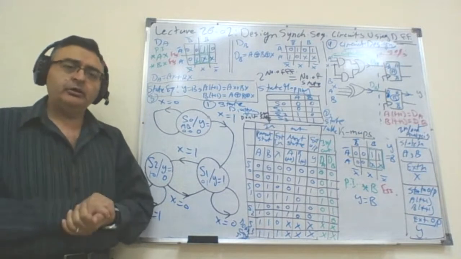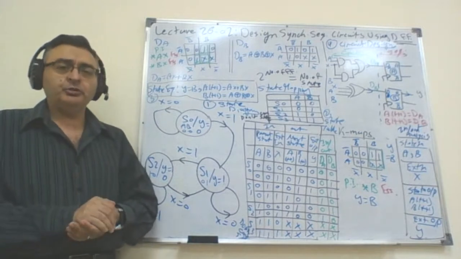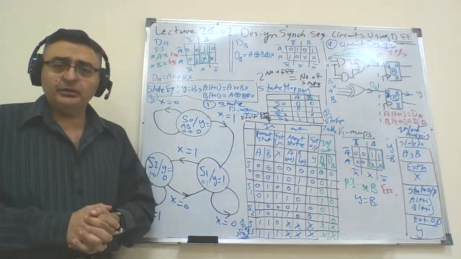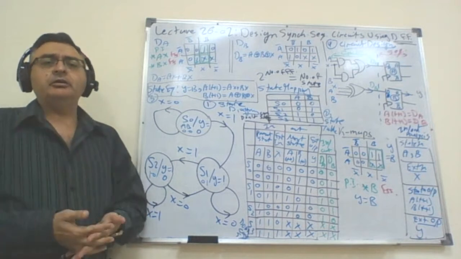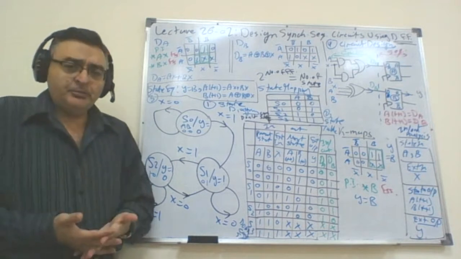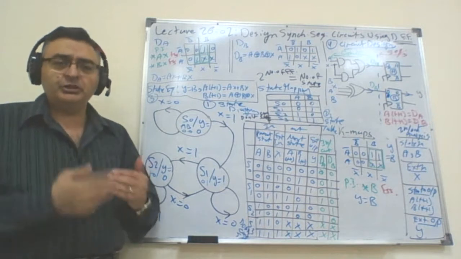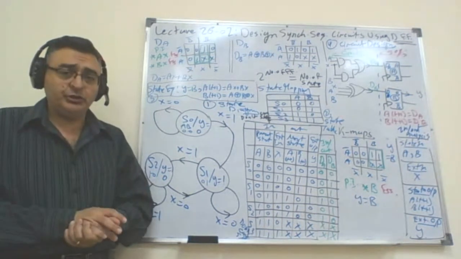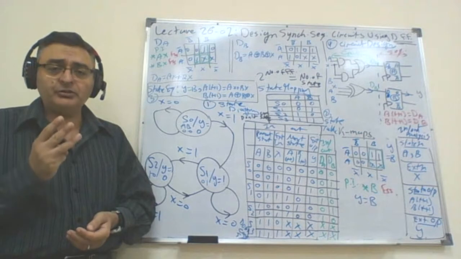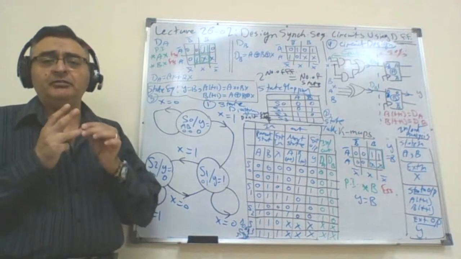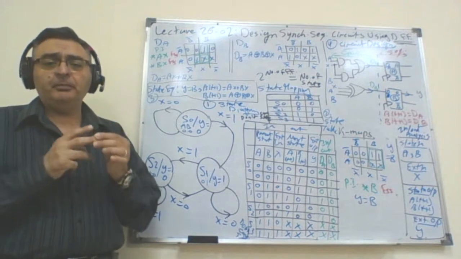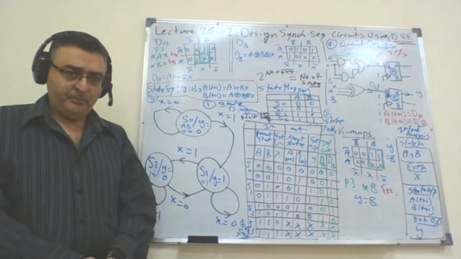However, in the earlier lectures, lecture number 25, we have learned that there are other flip-flops that we can use in developing synchronous sequential circuits. So for synchronous sequential circuits, we have 3 blocks that we learned: the D flip-flop, the T flip-flop, and the JK flip-flop.